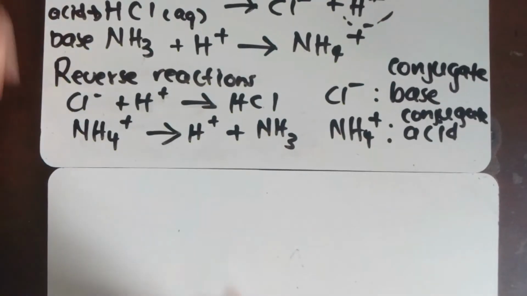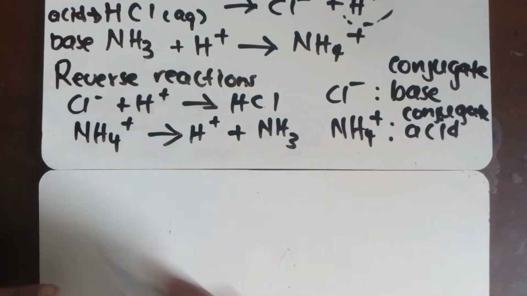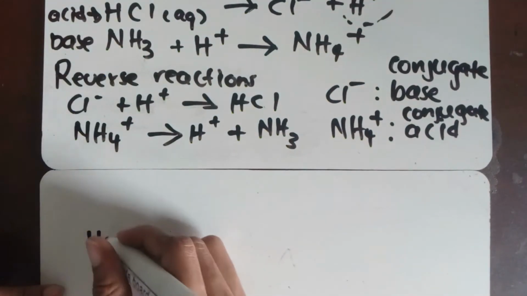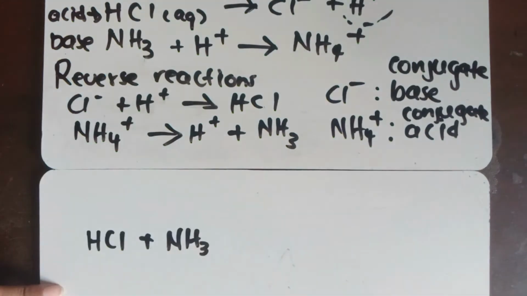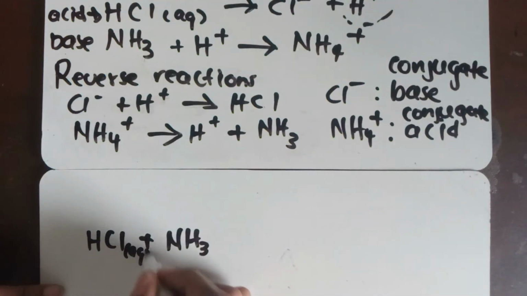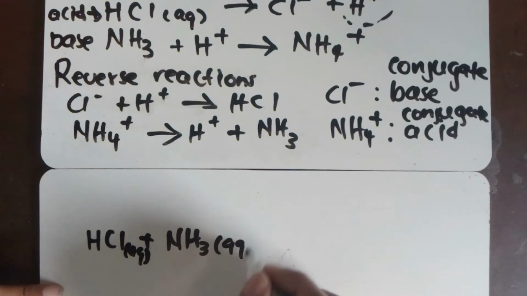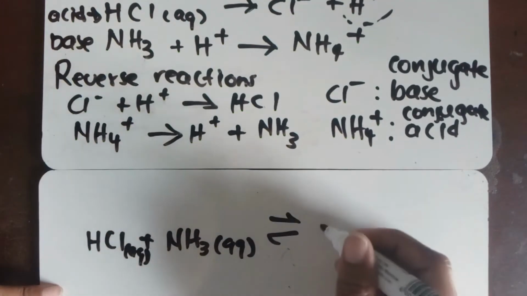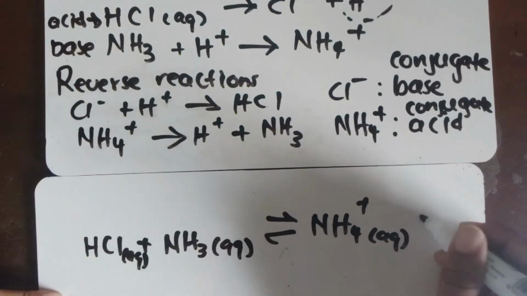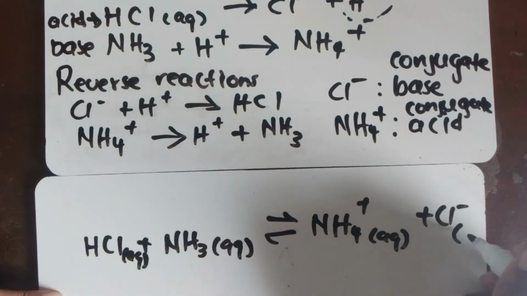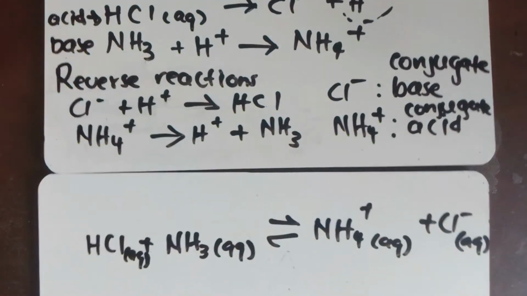So we can rewrite the equation that we started with, where we say HCl plus NH3, right, and then we have NH4 plus aqueous plus Cl minus aqueous.